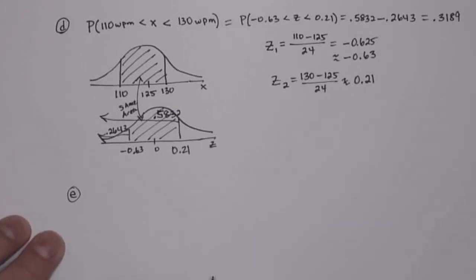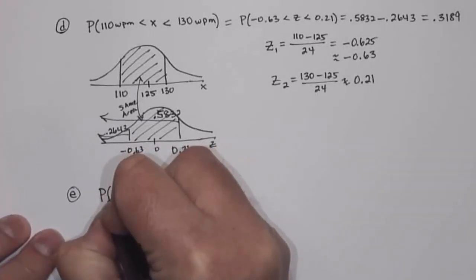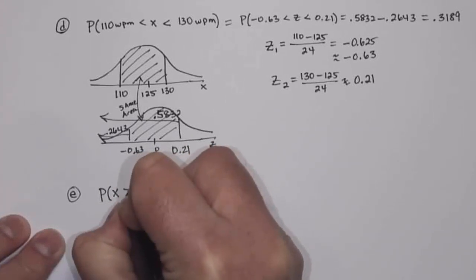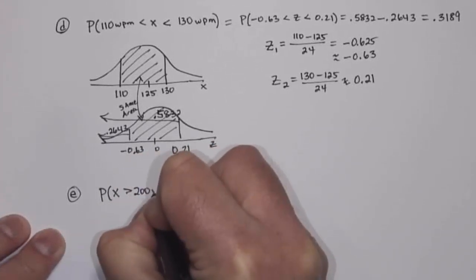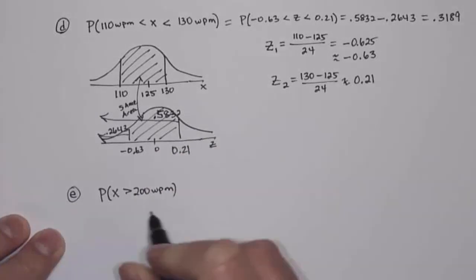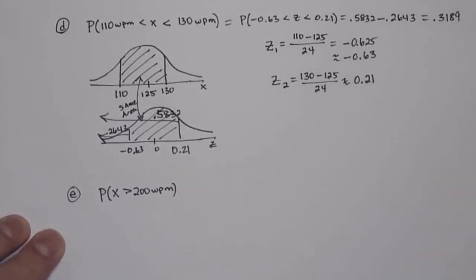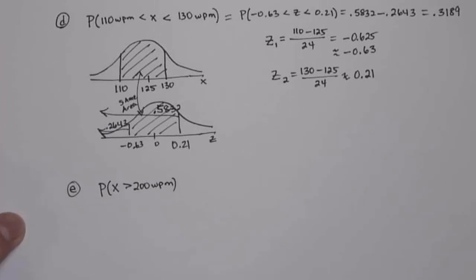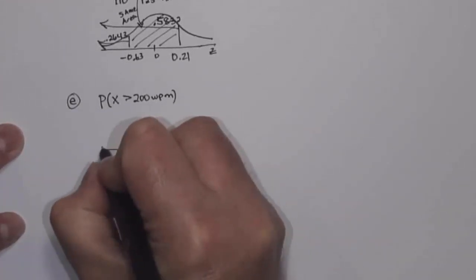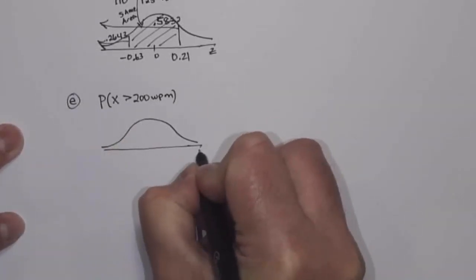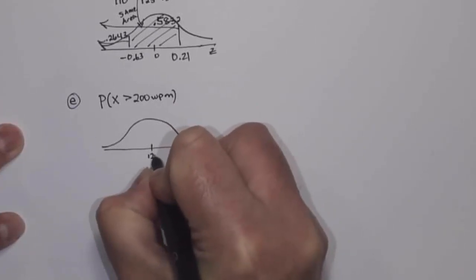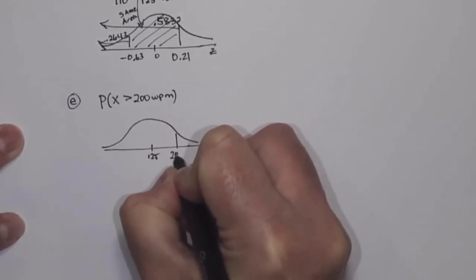So to determine if that's unusual, we're going to find the probability that X is more than 200 words per minute. And if that probability is less than 0.05, then we'll call that unusual. If it's not less than 0.05, then it's not unusual. So visually, here's 125, so 200 would be over here.